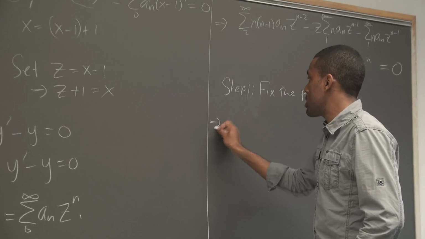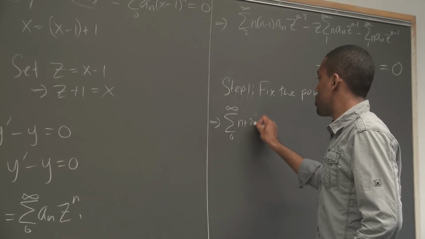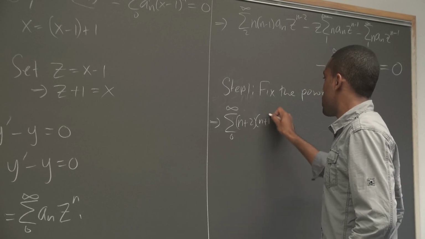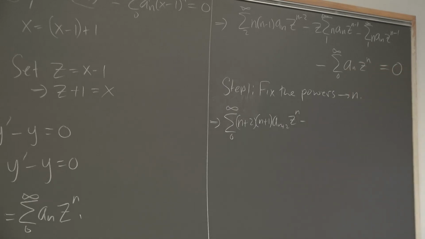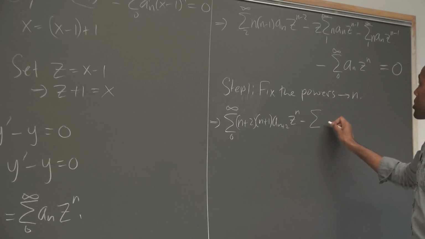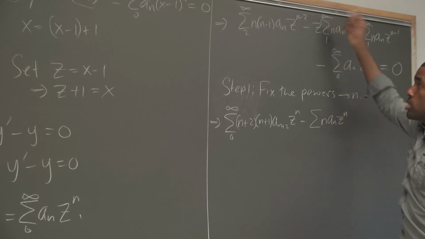So that would mean this series would give me the sum from 0 to infinity of n plus 2 times n plus 1 times a n plus 2 z to the n. This one, when I bring the z in, it's automatically going to change, right? That's going to be n a n z to the n, because I just add the powers. This is z to the 1.